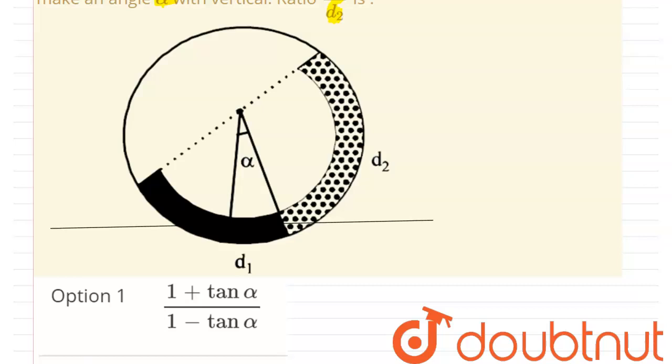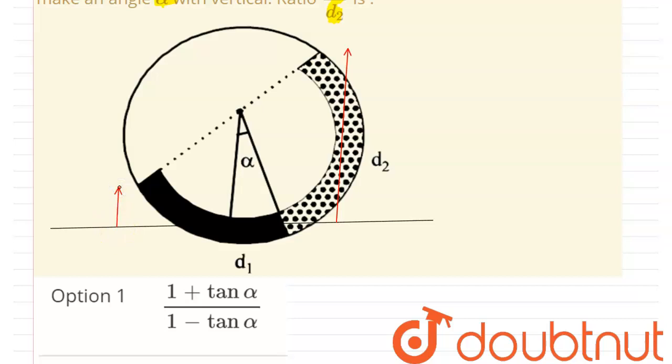So let's see the heights. This liquid is at this much height, so I will draw a line like this, and this liquid is at a height of this much, so I will draw a line like this, right?